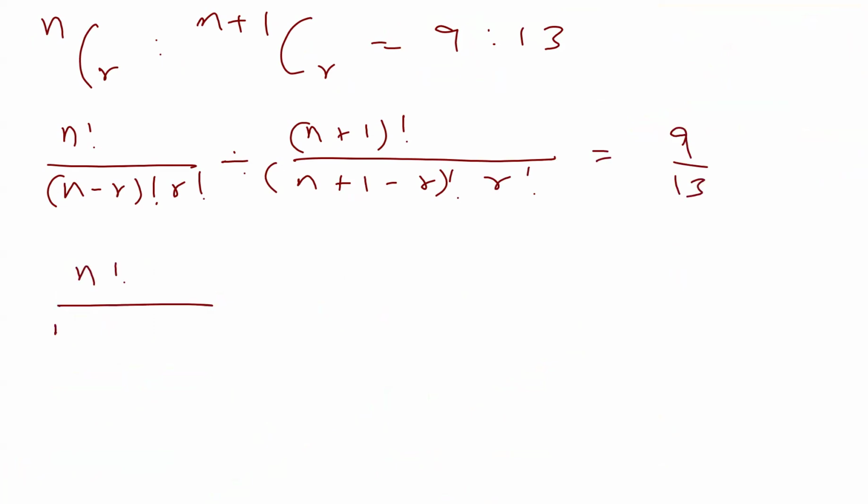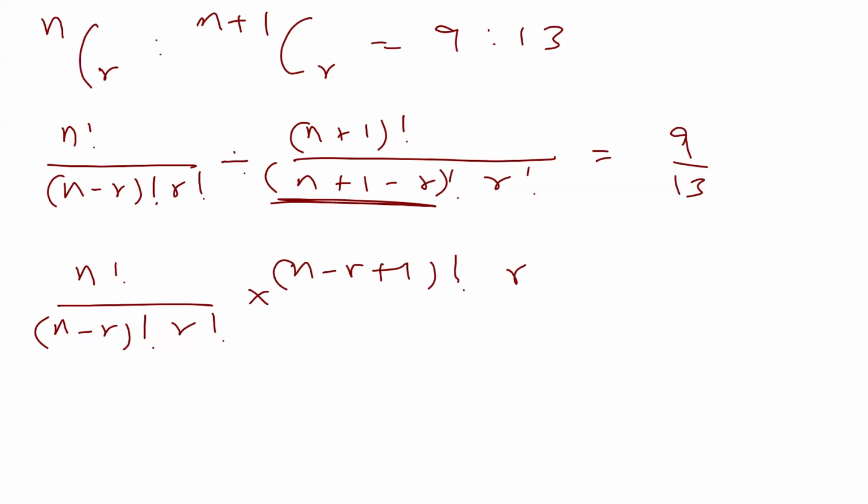So N factorial, (N minus R) factorial into this, I'll just write it as (N minus R plus 1) factorial into R factorial upon (N plus 1) factorial equal to 9 by 13.